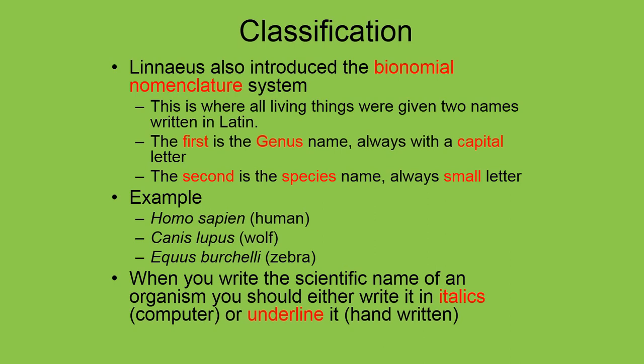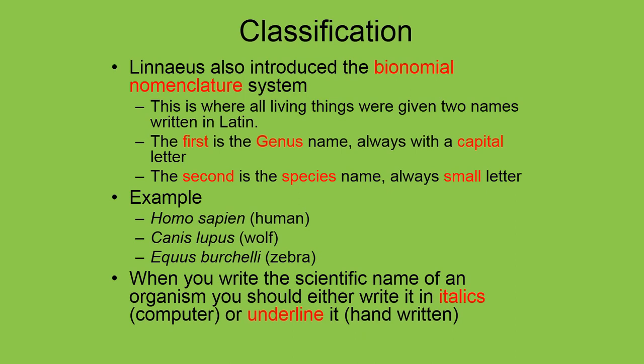In the binomial system, the first is the genus name with a capital letter, while the second is the species name, which will always be in a small letter. For example, we are talking about ourselves, human beings, we are actually called Homo sapiens. So here you see Homo is starting with the capital letter H, which is the genus, and sapiens is starting with a small letter and it is representing the species.